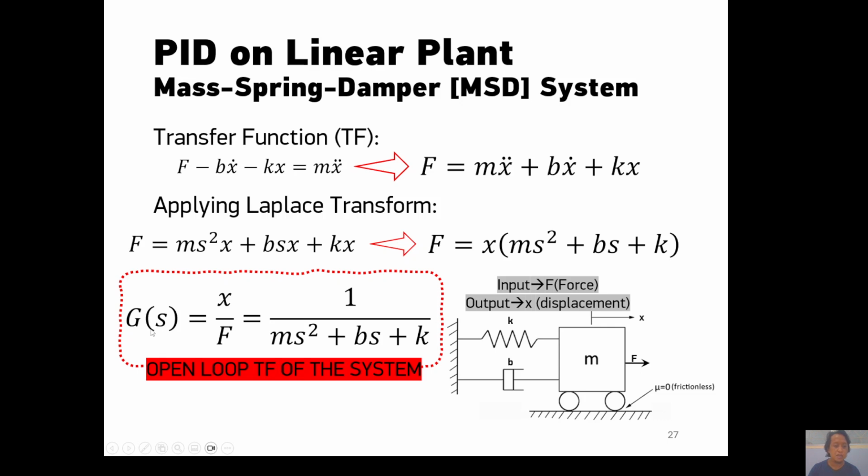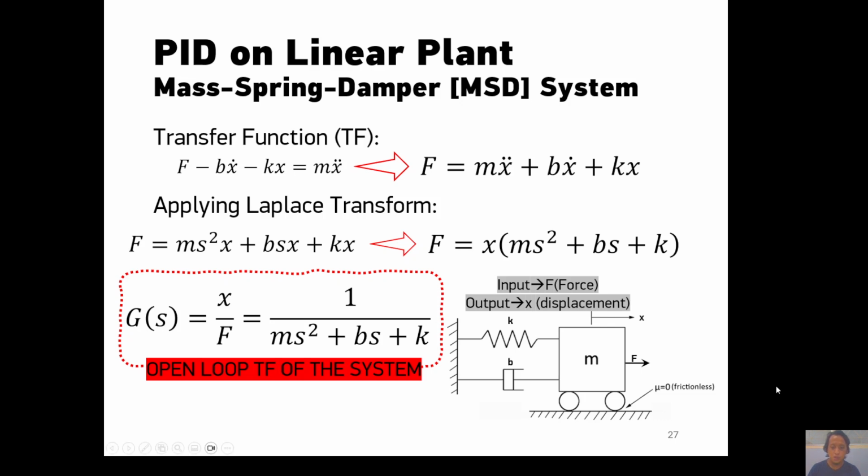So G of s equals X over F equals 1 over ms squared plus bs plus k, where F is the force input and the output is X, the displacement.